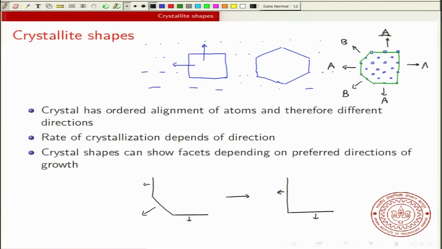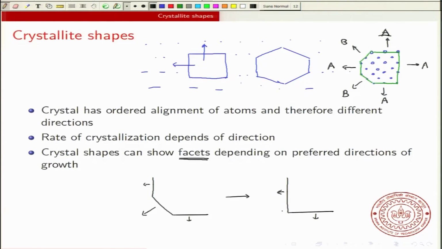If you take any crystallite, it has a very specific shape, and these phases of the crystal are referred to as facets.